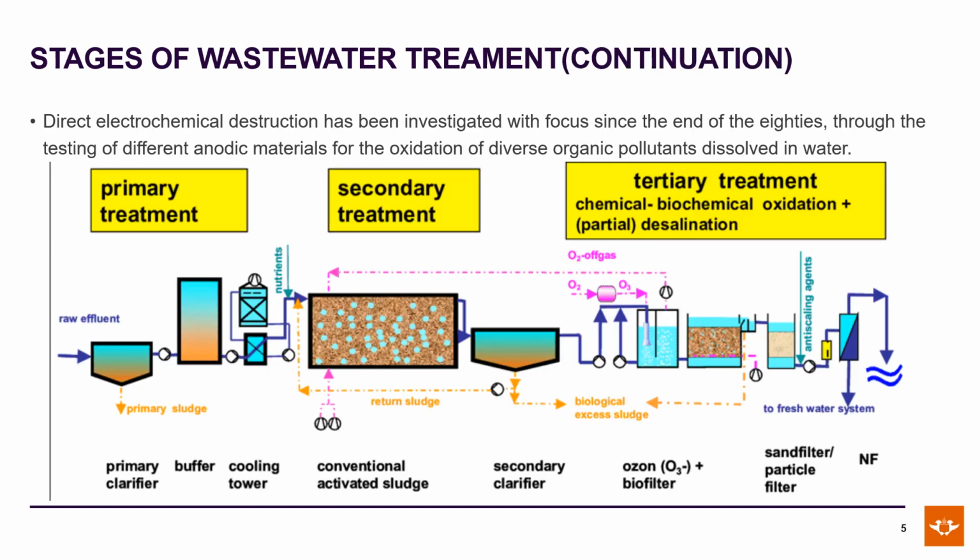On this diagram, stages of wastewater treatment are being illustrated, which involves primary treatment, secondary treatment, and tertiary treatment that includes chemical and biochemical oxidation and also desalination in the process.